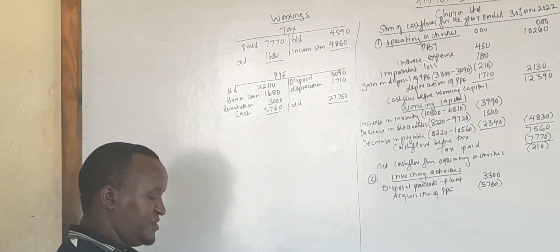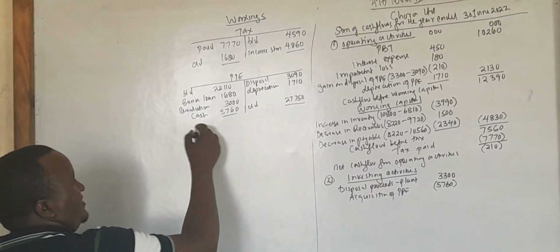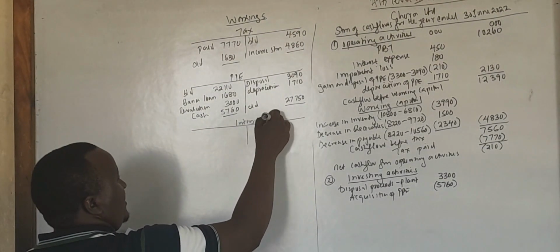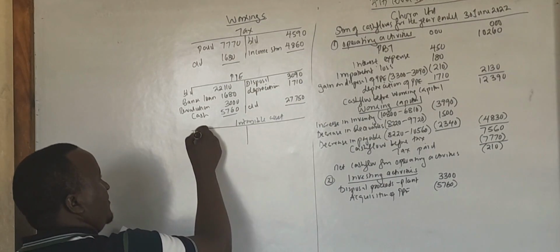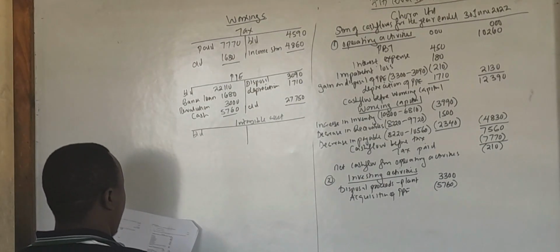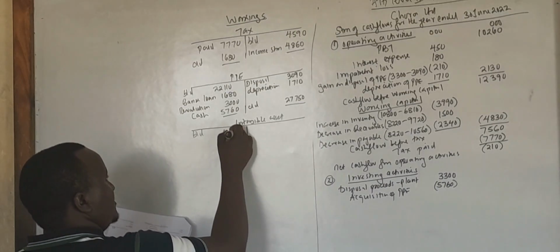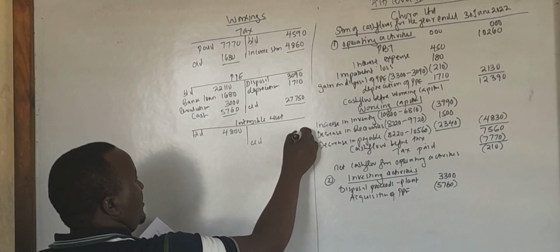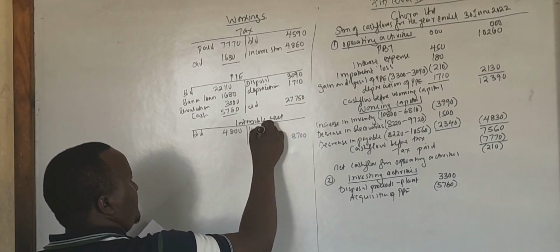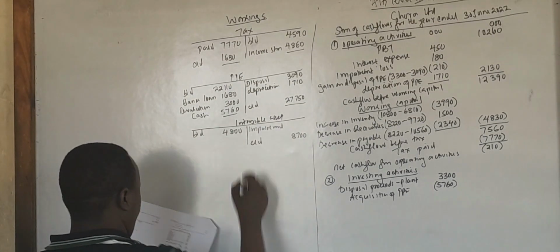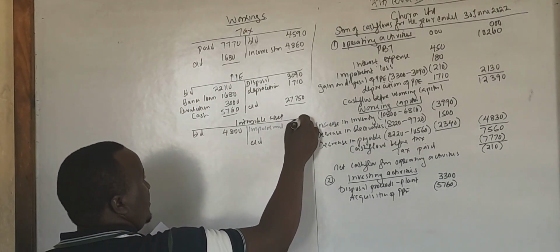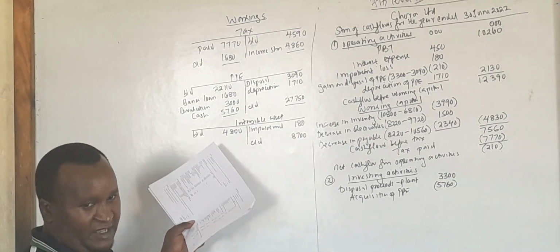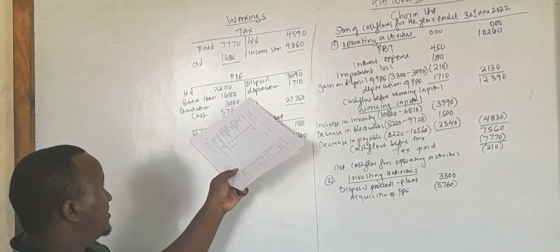What about the intangible? Look at the intangible asset. We had a breakdown of 48, carry down 87. And we had some impairment. Can you remember that in note 1? Impairment of 180. Remember, we are crediting impairment because it reduces the value at the beginning, like the way we are crediting the depreciation.